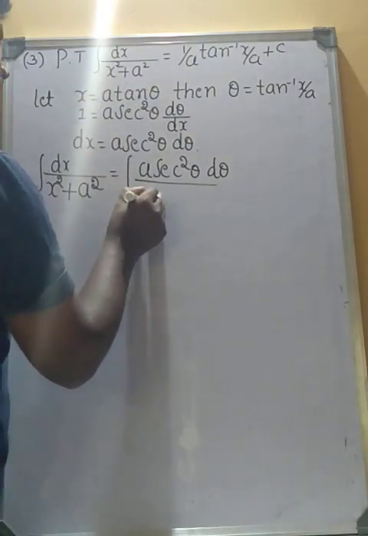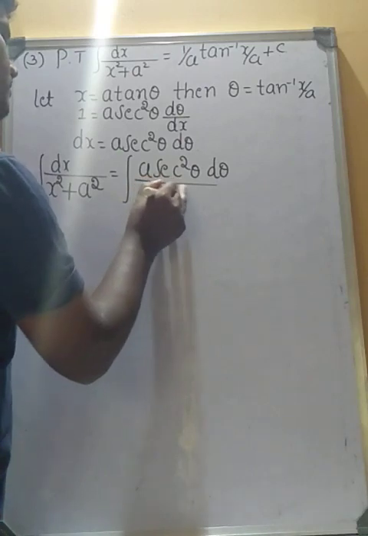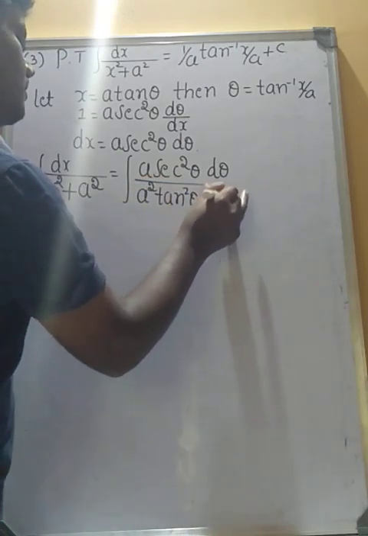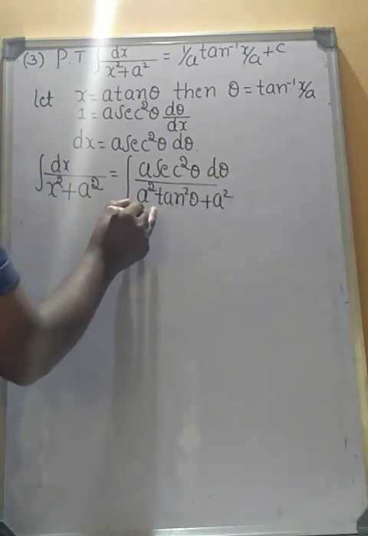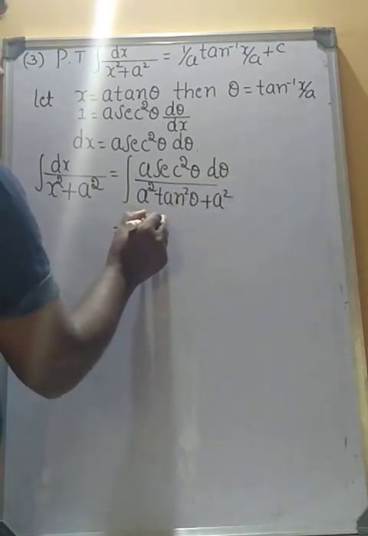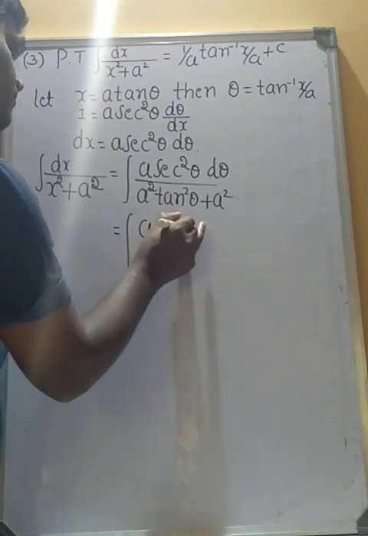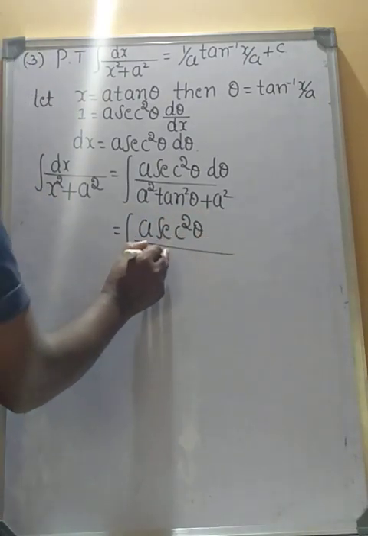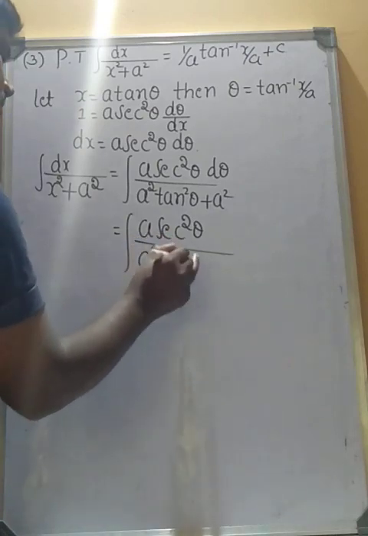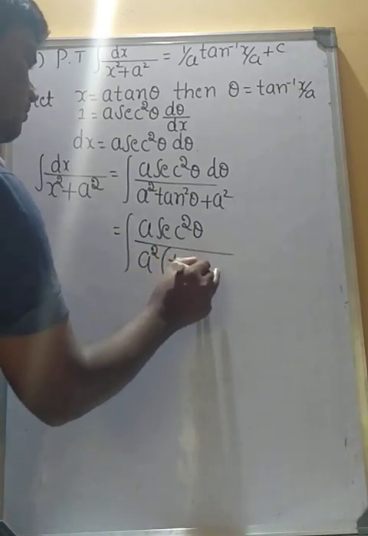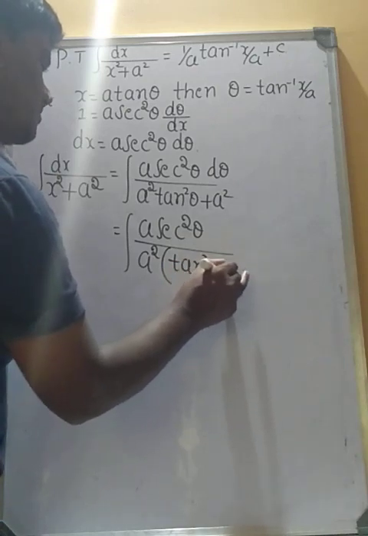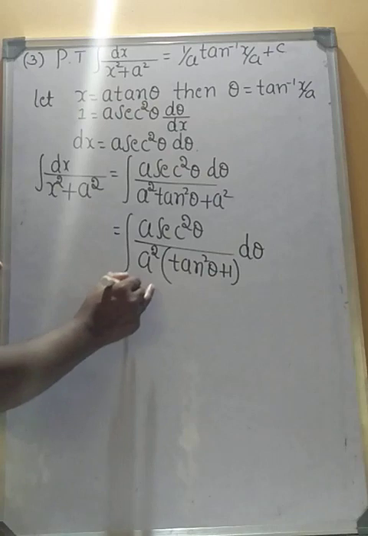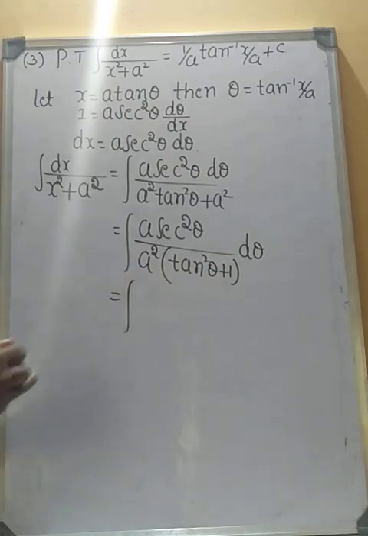Then x square is a square tan square theta plus a square, that is equal to integral of a secant square theta dividing by a square, common, take outside, in bracket tan square theta plus 1 into d theta.